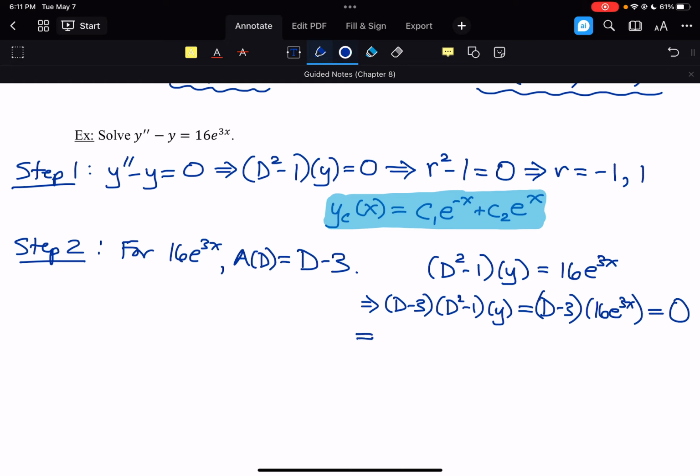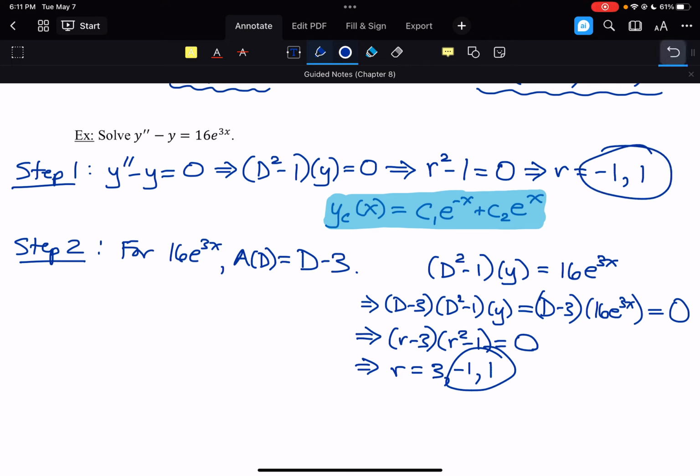But now we can convert to that auxiliary equation again. So this is going to give us r minus 3 times r squared minus 1 equals 0, which gives us r equals 3, negative 1, and 1. So in terms of our particular solution, notice these two values are repeats of the ones that we found up here.